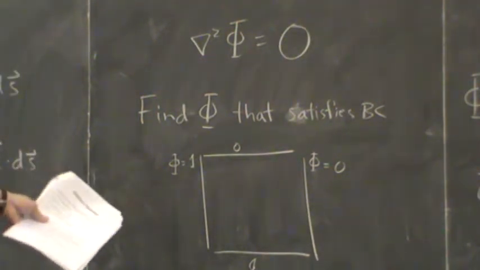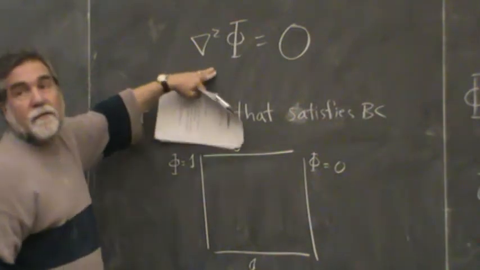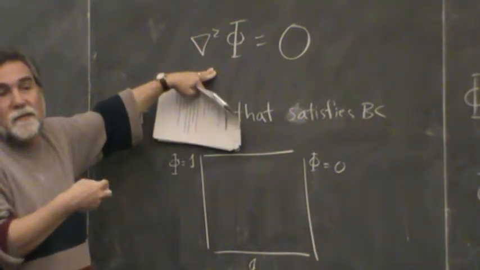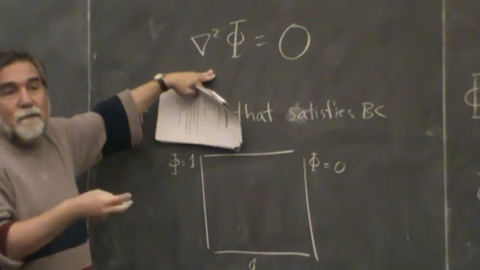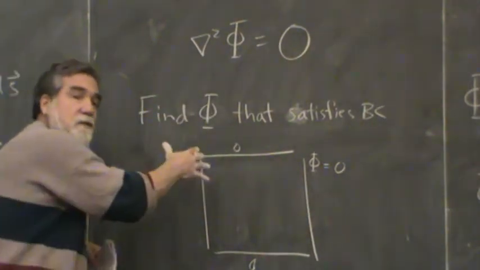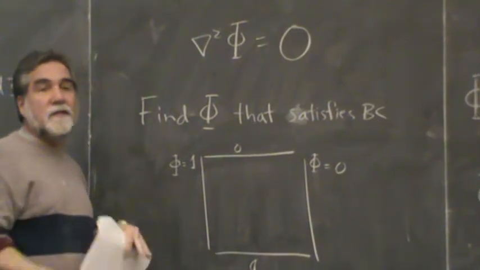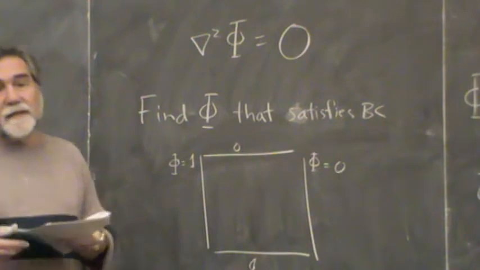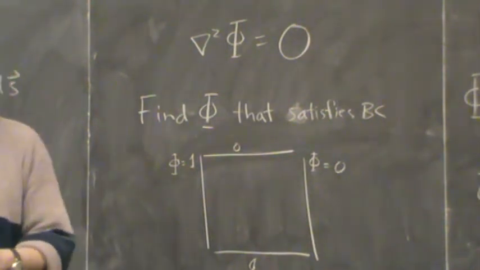Once I know that, I could write down the most general set of solutions to Laplace's equation. Find that sum of solutions that gives me the proper boundary condition, and I found the solution. Okay? We're going to spend all of next class actually doing that.